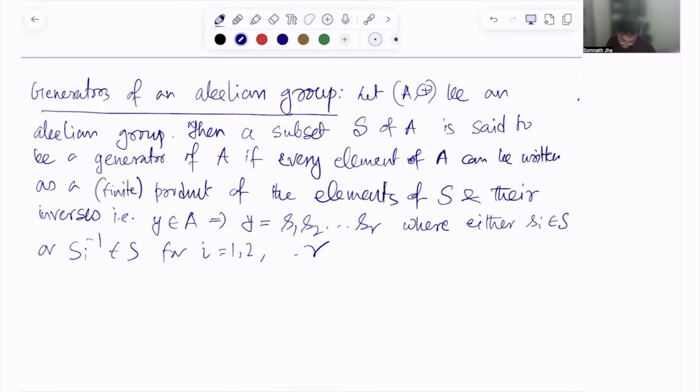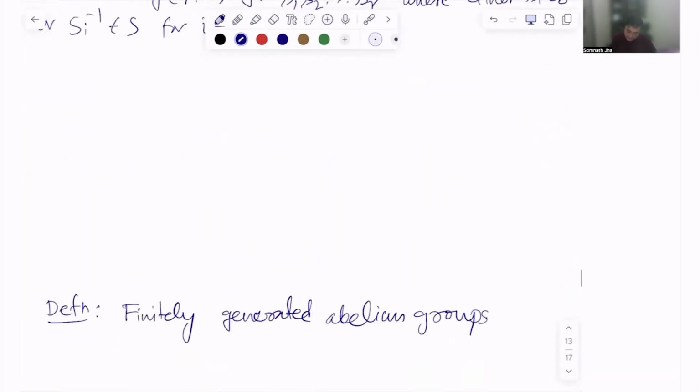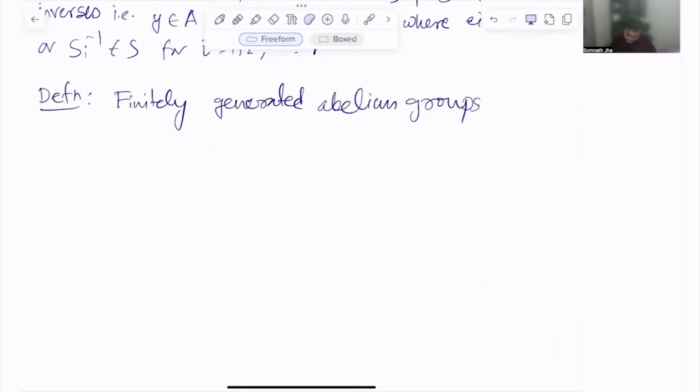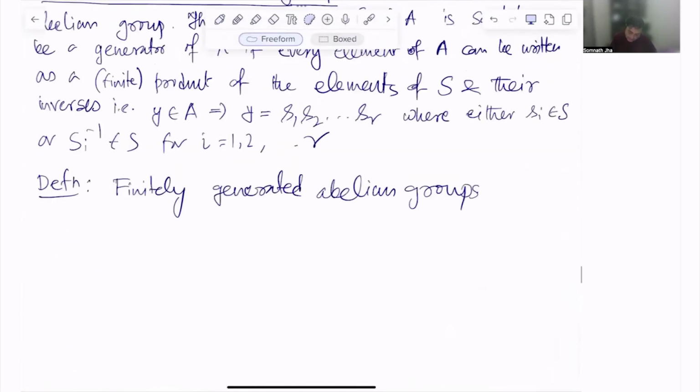Now, we are only dealing with abelian groups in this case, and we can say a bit more. More interesting for us would be the groups which are called finitely generated abelian groups. So what are finitely generated abelian groups?